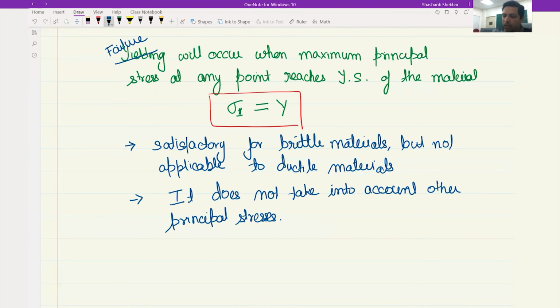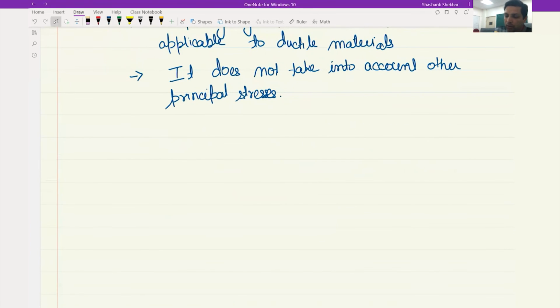Okay, so now let's take a look at whether it is a valid yield criterion. We don't know how to check for a failure criterion. We only know about, or have talked about, yield criterion.